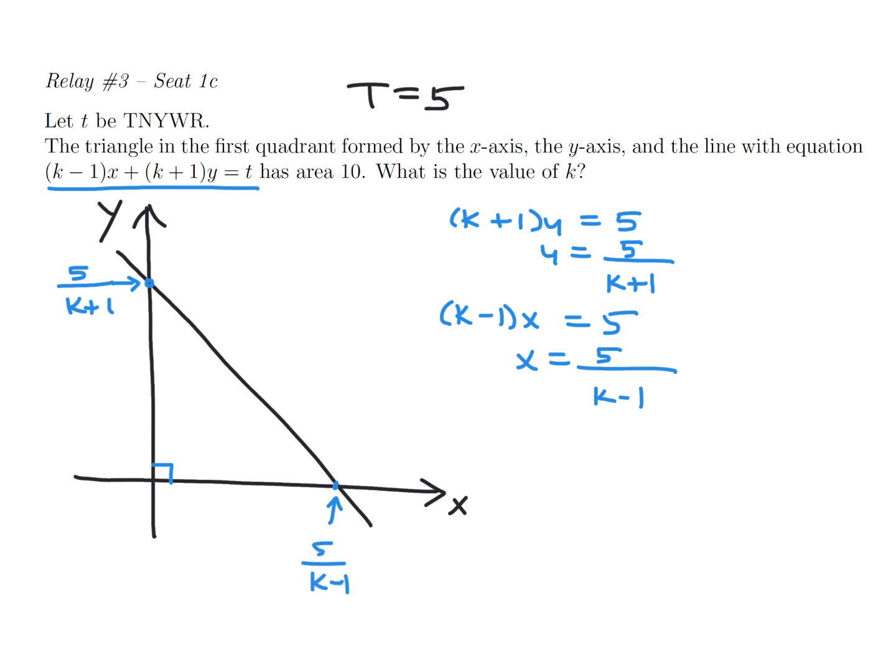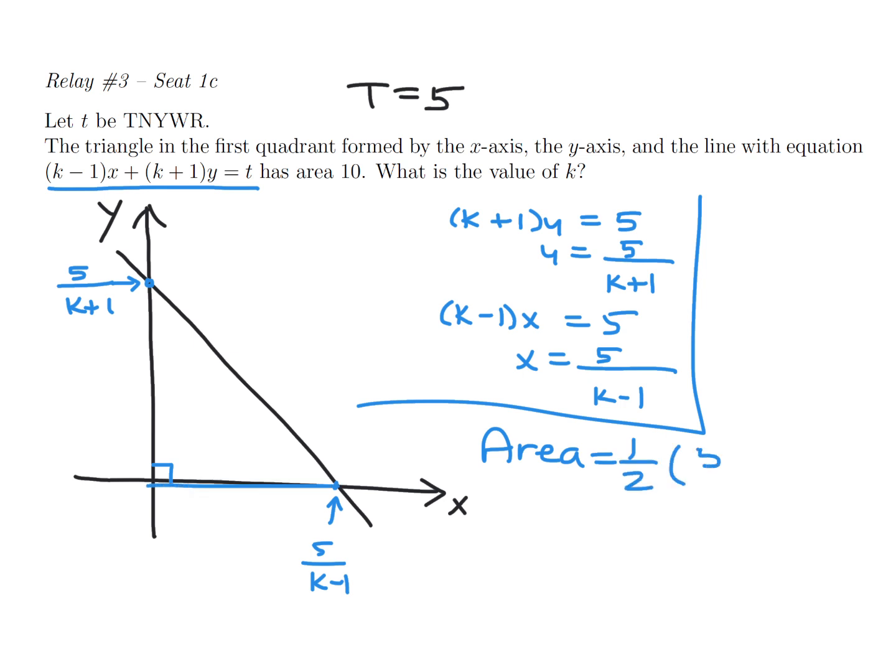So now we can figure out the area. The area is 1/2 base times height. So 1/2 base, which is this guy, 5 over k minus 1. And the height is here, which would be 5 over k plus 1. And they have told me that that is equal to 10.